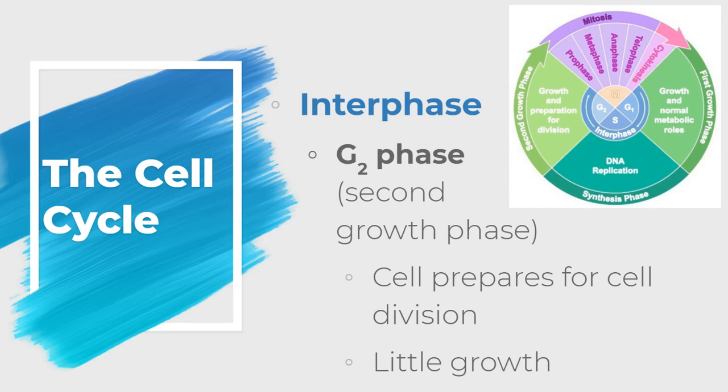And this is where the cell is really preparing for cell division by doubling all of the organelles. There's a little bit of growth because as you're increasing the number of organelles and the amount of cytosol, obviously your cell's going to have to expand a little bit, but really it's just preparing itself to go through mitosis.